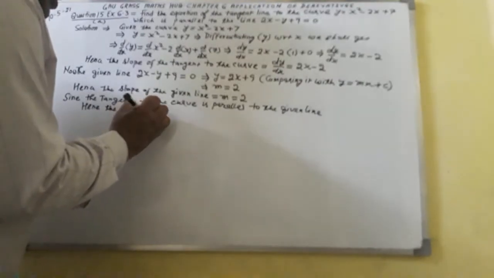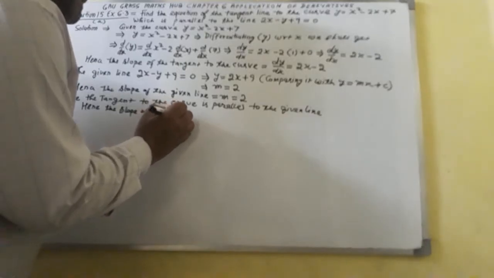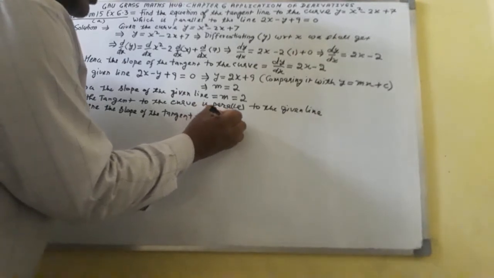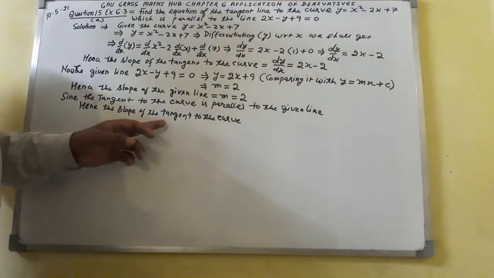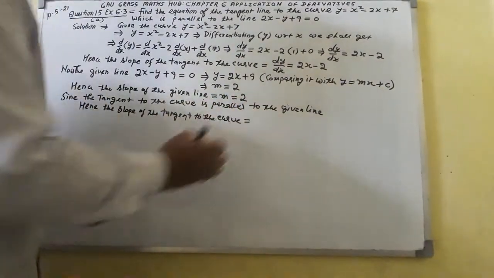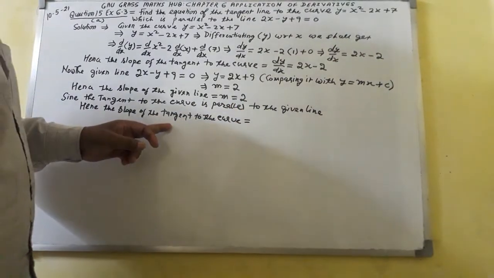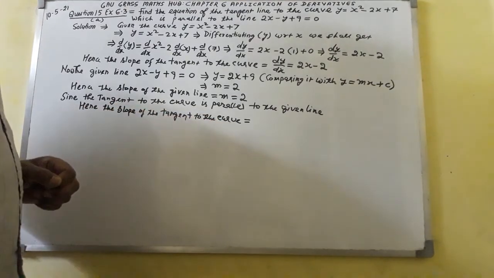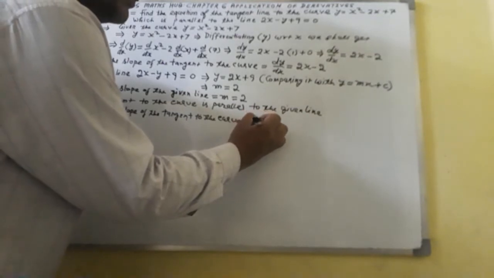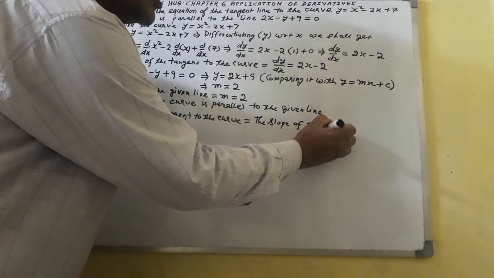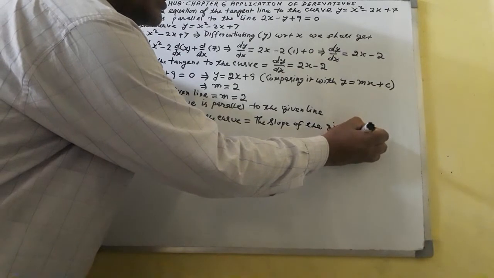Hence the slope of the tangent to the curve is equal to the slope of the given line.